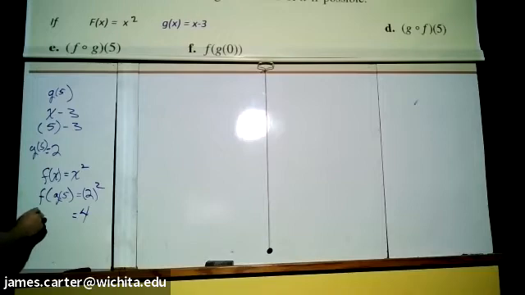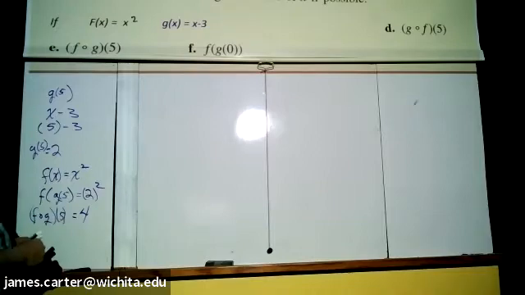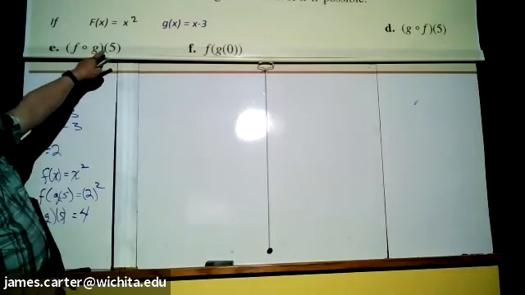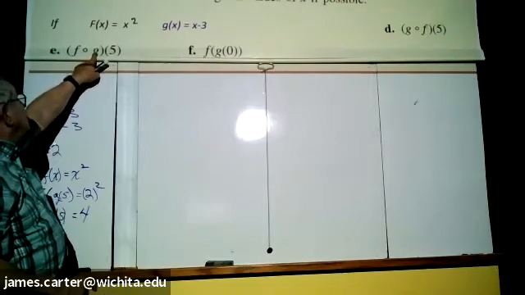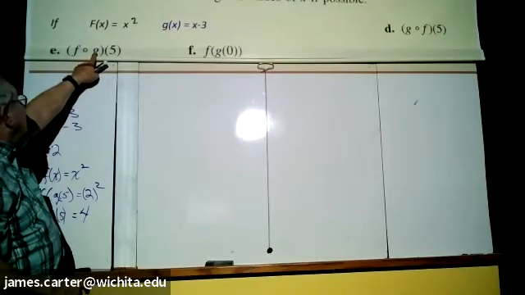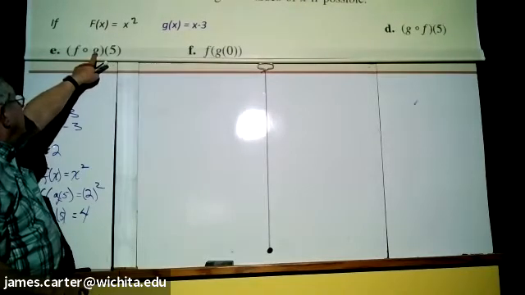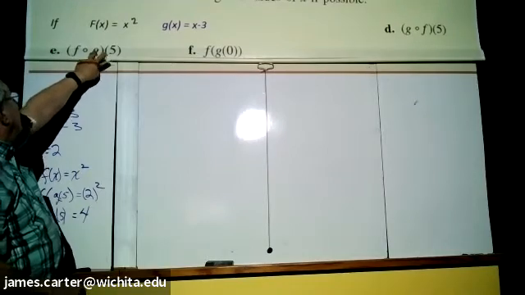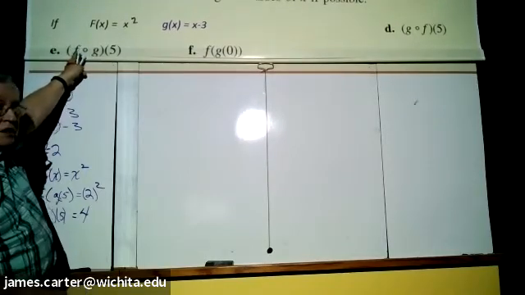So f compose g of 5 equals 4. So what are we doing? We are taking this number, substituting it into this one, getting an answer, then taking that answer and substituting it into this one.